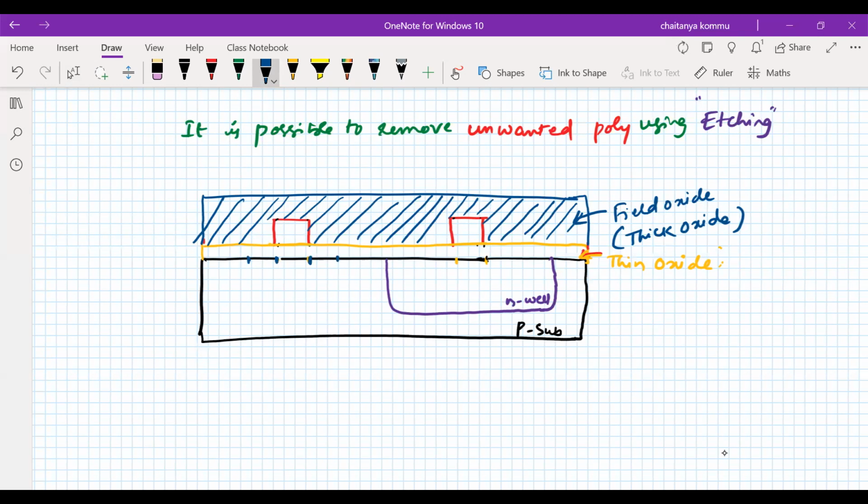As I mentioned, we have to use the substrate of the N well also, because the N well is also an N-type material. Therefore, the substrate is very important for us. So we have to create one substrate here.